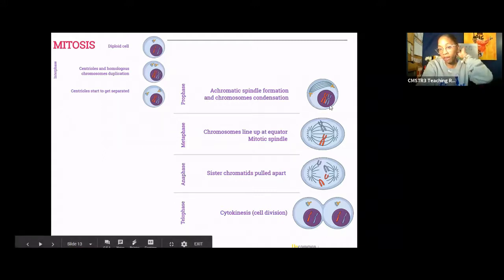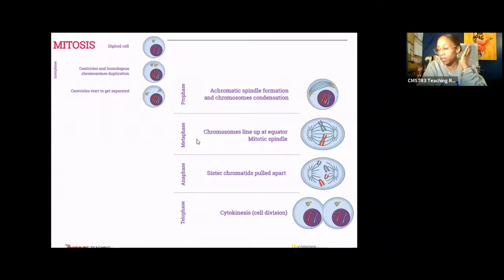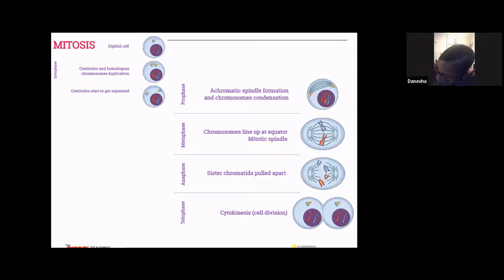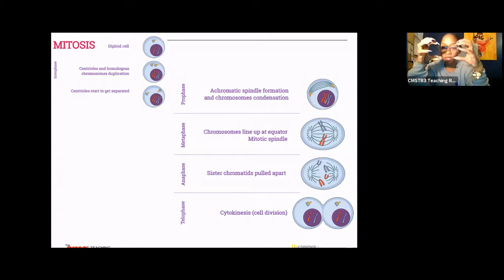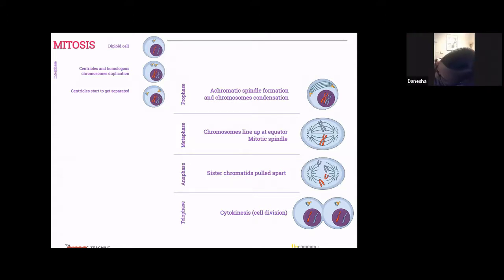Prophase is when you have spindles that start to form. Metaphase, which is usually the easiest to remember, meta meaning middle, is when the chromosomes line up down the center. Anaphase, they are pulled apart. And then telophase is when you start to get 2 separate nuclei, and then cytokinesis is when it pulls apart.